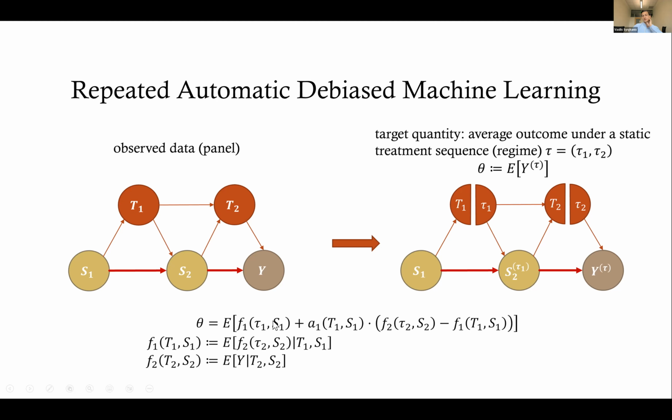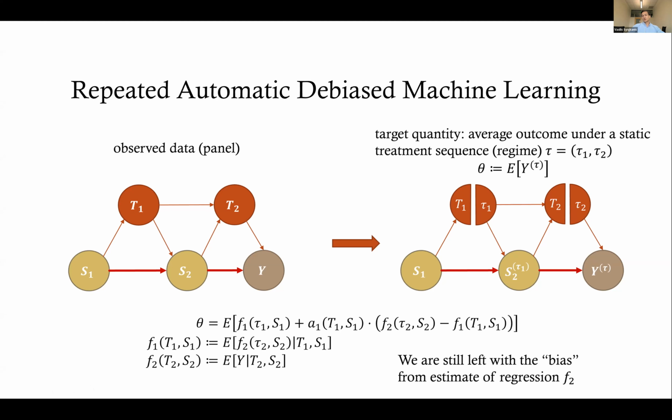So that's fine. This is one step where it's very similar to the static treatment problem. But now you all of a sudden have a dependence on f2, which is another regression function that has not been debiased, right? So the errors in f2 now are also going to directly impact theta, and you're not going to get asymptotic normality, unless f2 is very benign.